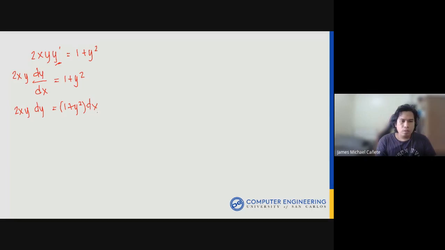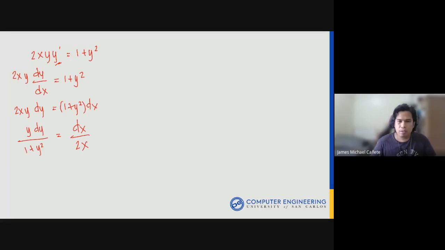So we can cross multiply, no? We can have 2x to the right. So we can have y dy over 1 plus y squared equal to dx over 2x.